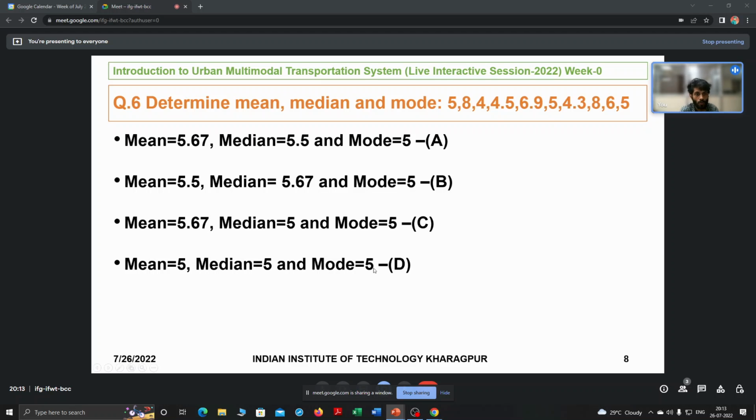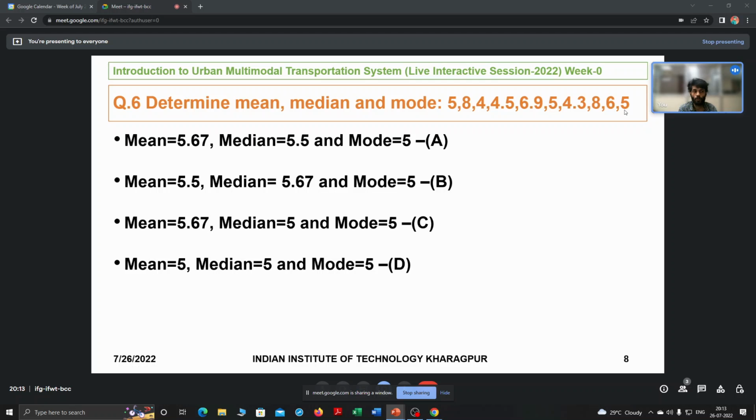Now here, if you arrange from 4, I think again 4 is not recurring, I believe, no. Then 4.2 is the second position, 4.5 is the third position, then I think the fourth position is 5, and the sixth position is also 5, the seventh position is also 5, right?